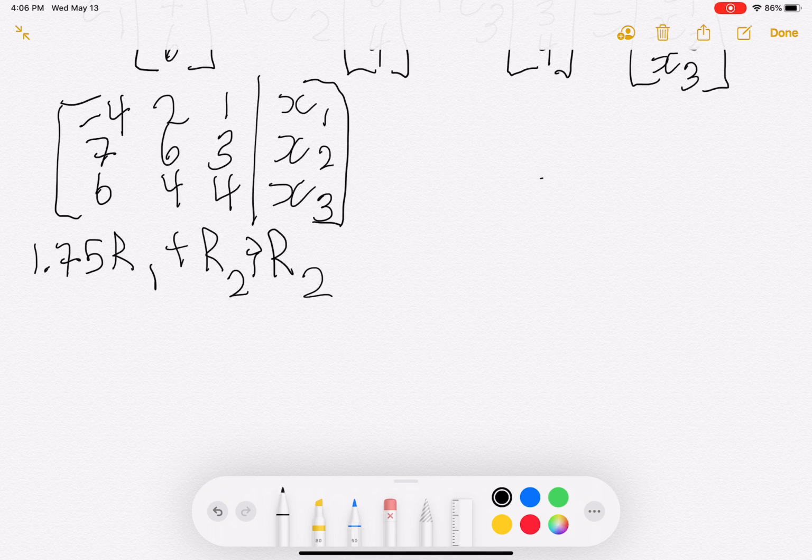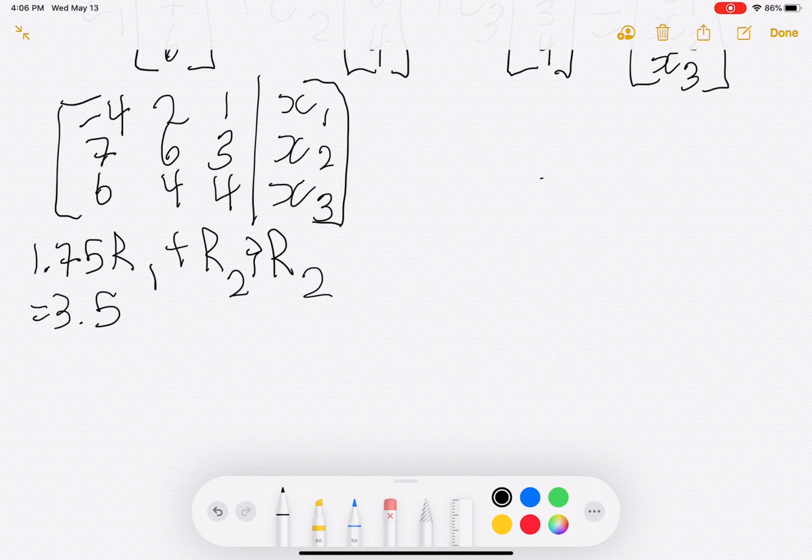So let's do that. So 2 times 1.75, that's just equal to 3.5, I think.